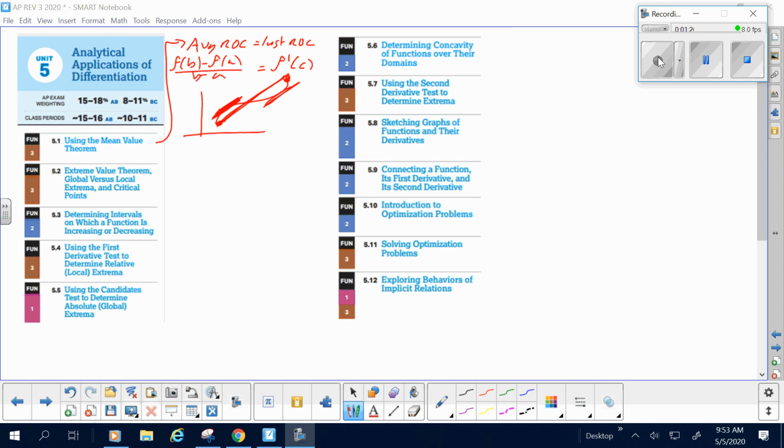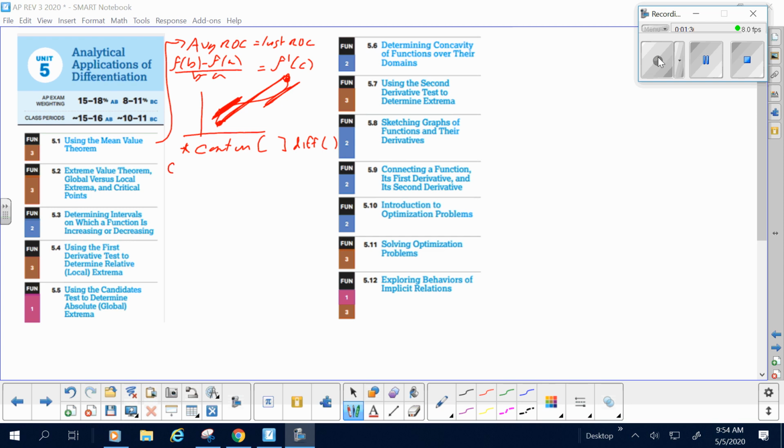In this case, there would be two places. Remember, the conditions are that the function must be continuous on the closed interval and differentiable, or the derivative exists, on the open interval. All right. The extreme value theorem, global versus local extrema, critical points.